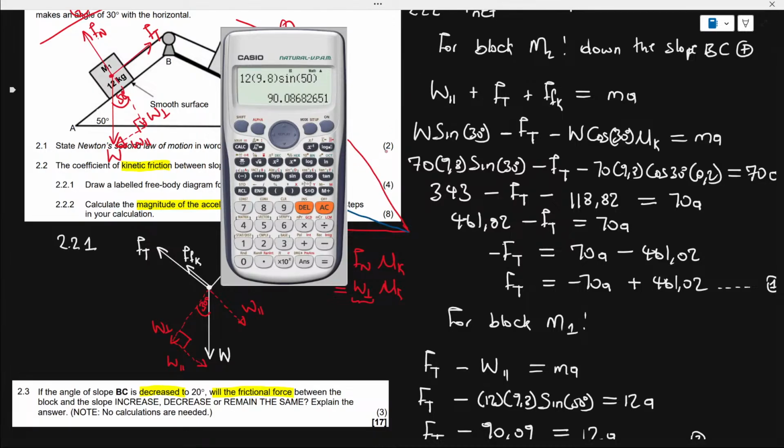If you've got an object on this surface, and then you compare it to an object on this surface, even if it's still the same object, obviously this one is most likely to slide, and it will slide much faster compared to this one. And the reason for that is because here there is more friction than here, and that is due to an increase in the perpendicular component of the weight.